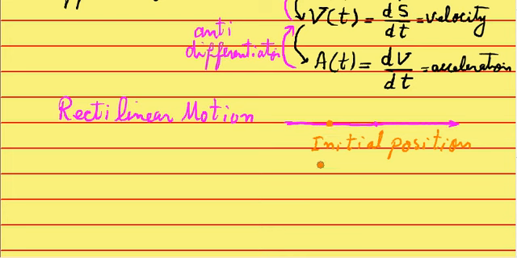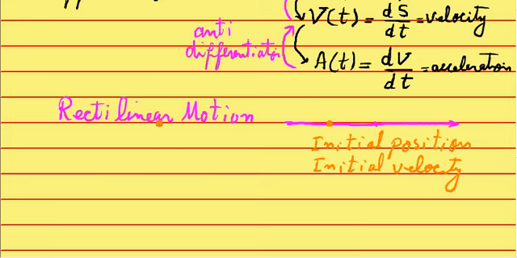It's called initial position. Similarly, there's a concept of initial velocity. For example, if you are holding a ball in your hand and then you throw it to pass it to somebody else, at that very first moment, how fast were you throwing that ball? That's going to be initial velocity. The location of your hand will be initial position.